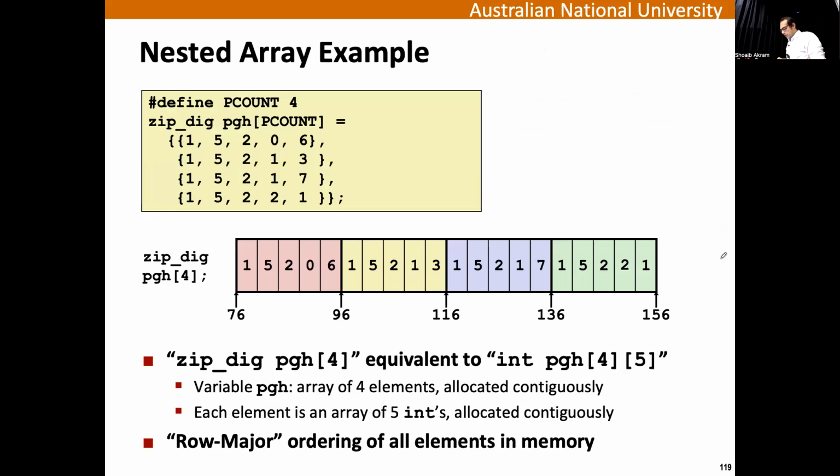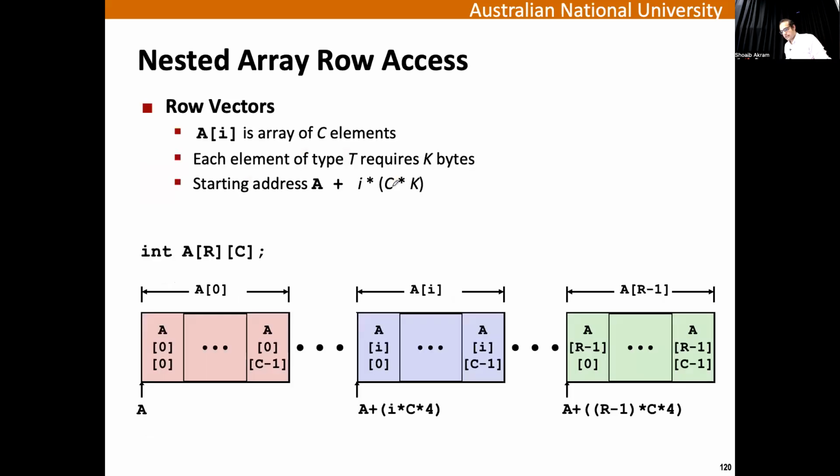Okay, so here is a two-dimensional array. Pittsburgh, PGH, P count 4, and you can have a two-dimensional array like this. So in memory, 15206 is the first row, 15213 the second row, then the third row, and the last row. Okay, let's do some address computations.